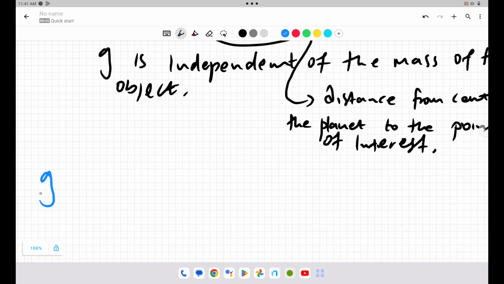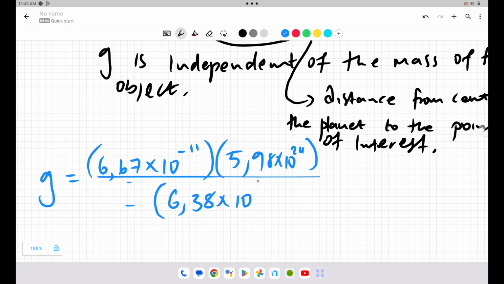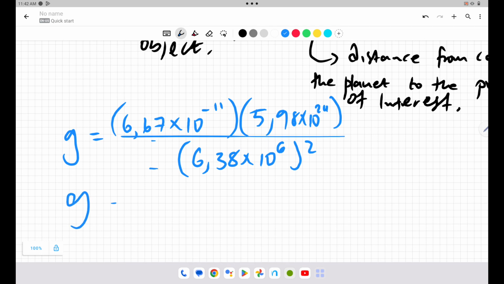It will be g is equal to 6.67 times 10 to the power minus 11 multiplied by the mass of the Earth, 5.98 times 10 to the power of 24, divided by the radius of Earth, which is 6.38 times 10 to the power of 6, all squared.